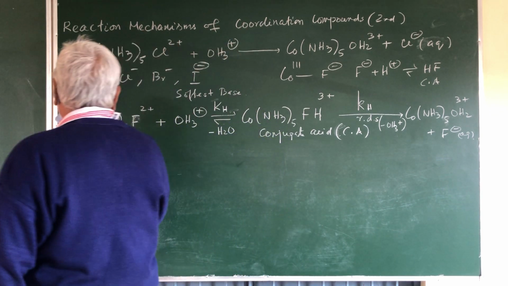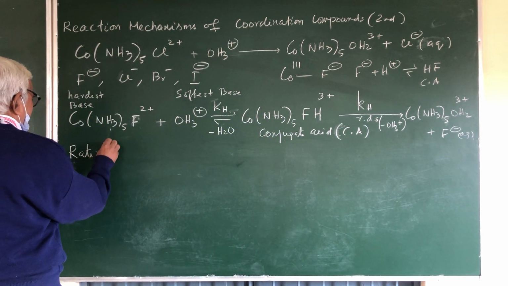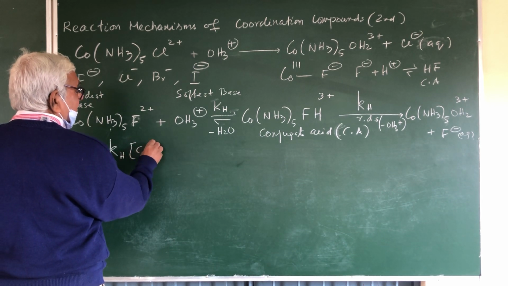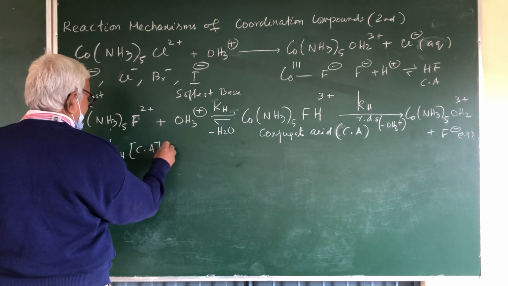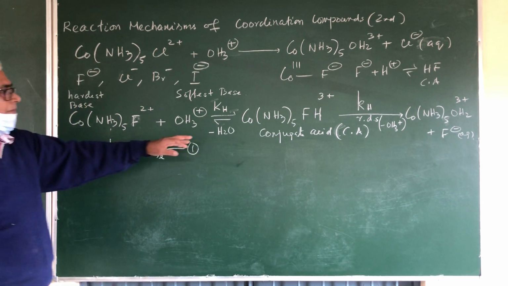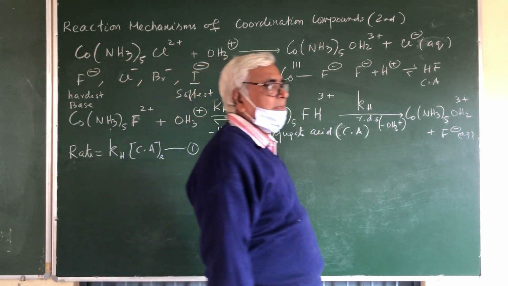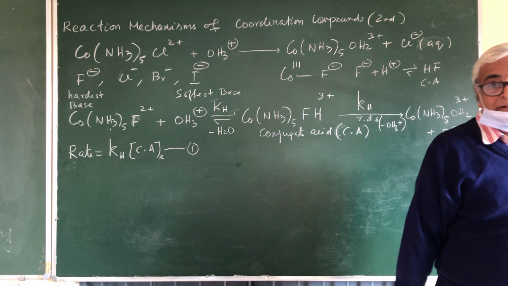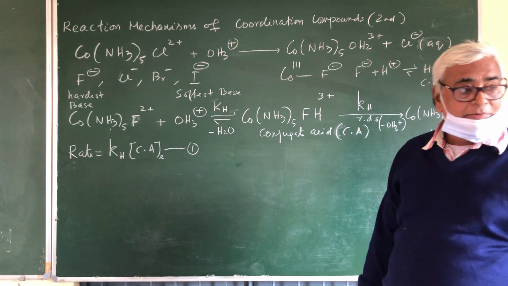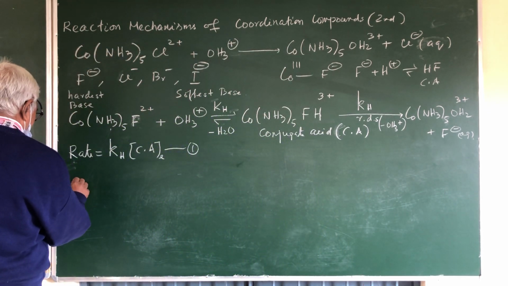Here rate will be equal to Kh into concentration of conjugate acid. It will be equation 1. The rate will depend on the concentration of the conjugate acid. Higher the concentration of conjugate acid, higher will be the rate of the reaction. Then, what is equilibrium constant?